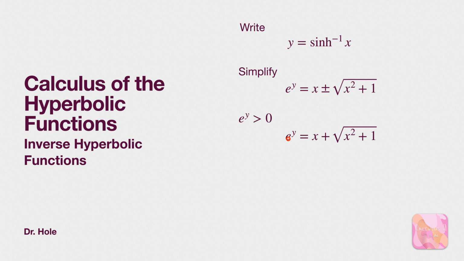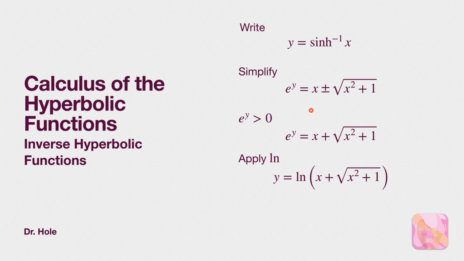Now we can remove the base e, as the exponential is the inverse to the natural log. Apply the natural log to both sides, and we will have isolated y. Right-hand side will be the natural log of this expression. This expression is going to be positive, provided that x is positive.